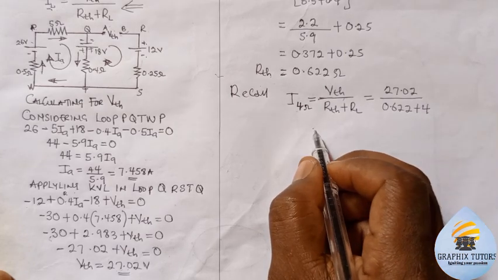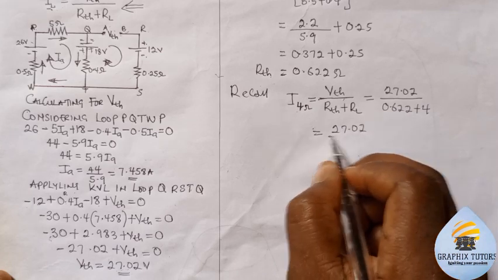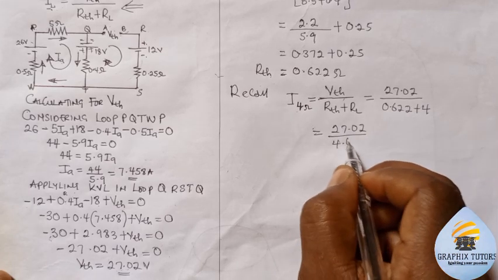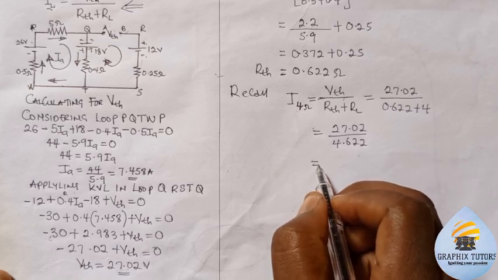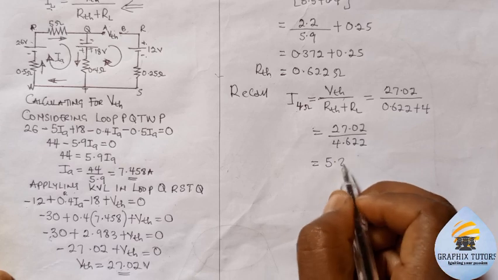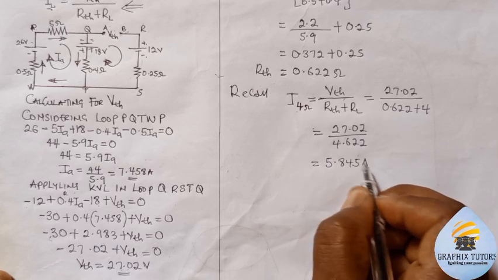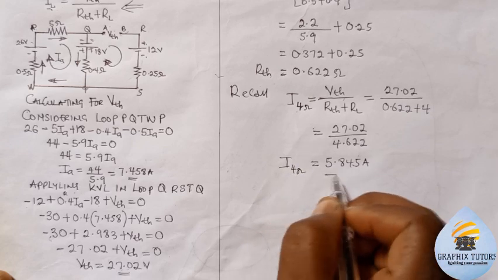And this will now give us 27.02 divided by 4.622. And this will now give us 5.845, 5.845 ampere. So that is the load current flowing through the 4 ohm resistor.